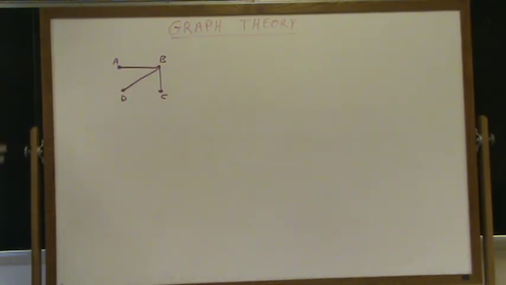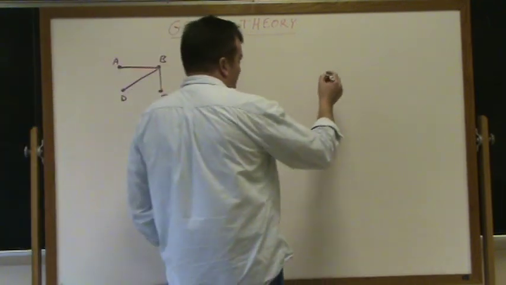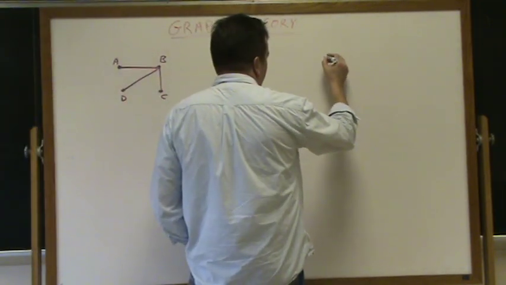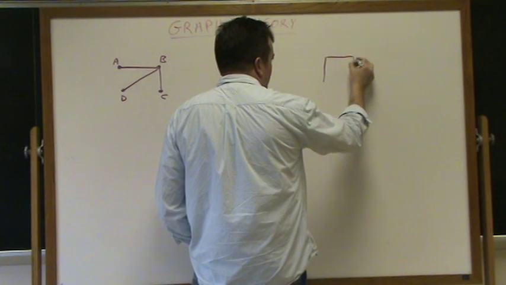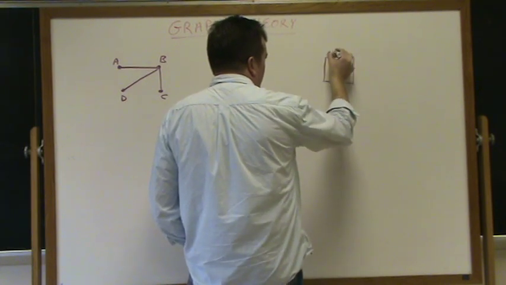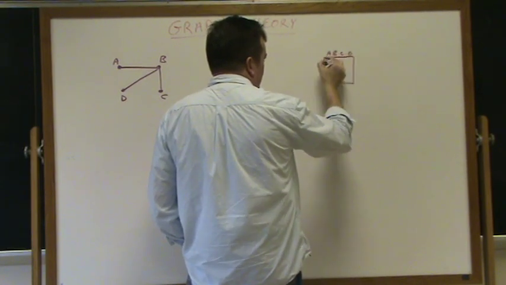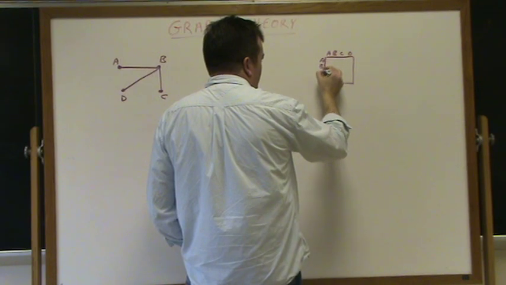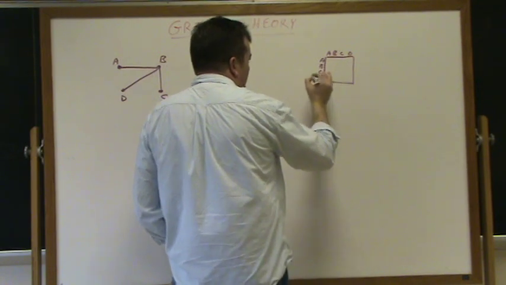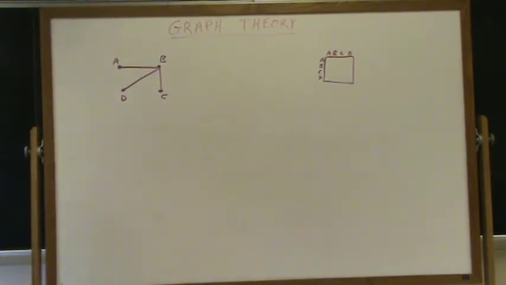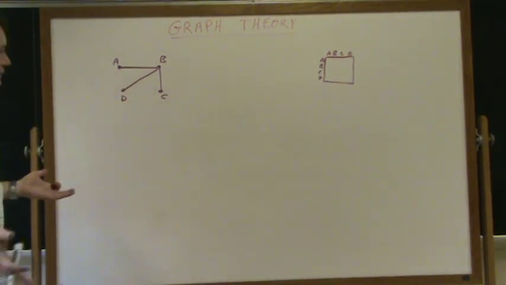And in other computer science classes, you might have to write software that can capture this. You might have a two-dimensional array that goes A, B, C, and D, A, B, C, and D. They could have 0, 1, or true or false values, and you make them true if they're connected and false if they're not.